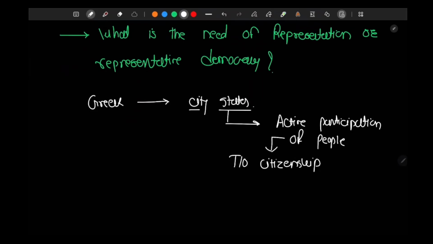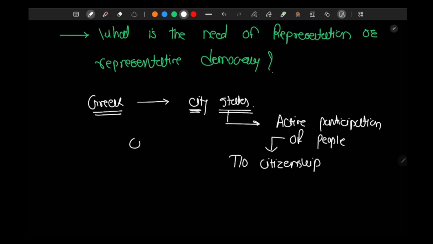Athens was a small city, Sparta was a small city. I don't remember any other cities, but you get the gist of it. Cities were small states in themselves.